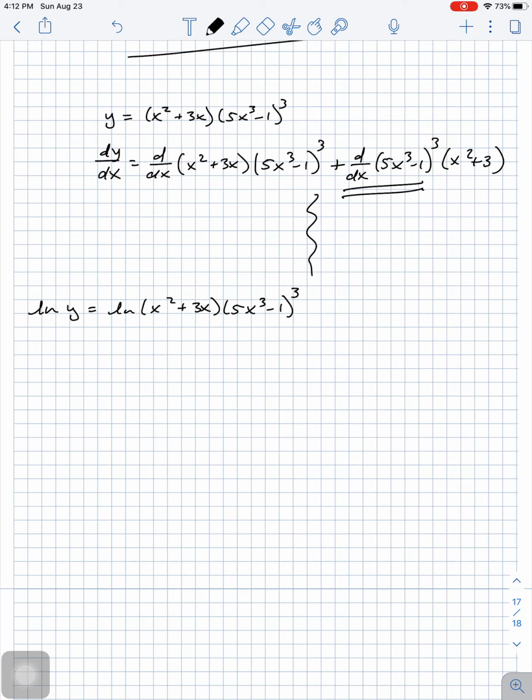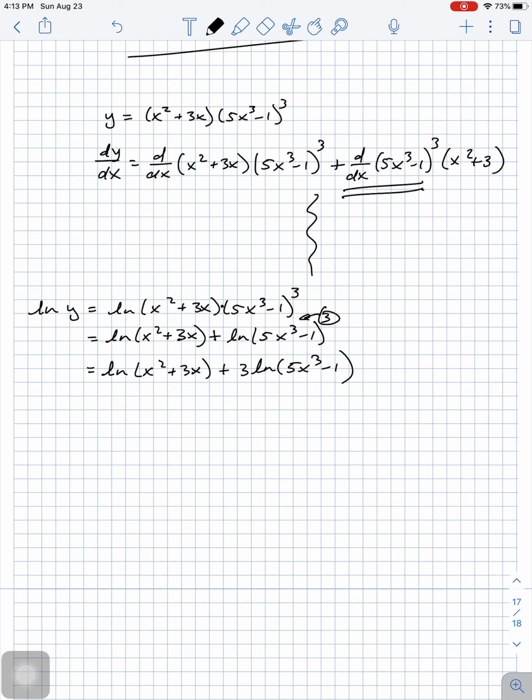And if you remember the rules, if you have the natural log of two things multiplied, you can split that apart into the sum of the natural log of each term. So that breaks up your multiplication. Not only that, but this power comes down in front. So I actually get the natural log of x squared plus 3x plus 3 natural log of 5x cubed minus 1.